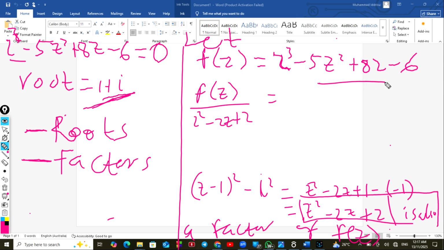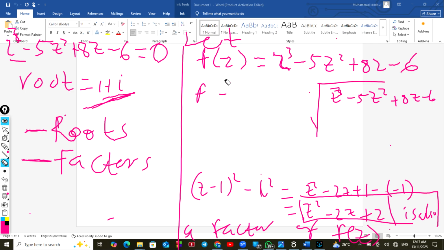In the long division, we have f of z as z cubed minus 5z squared plus 8z minus 6. And let me just clean up this board to make some space for myself.